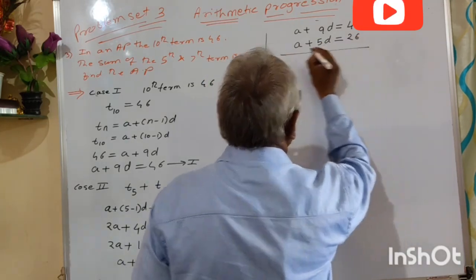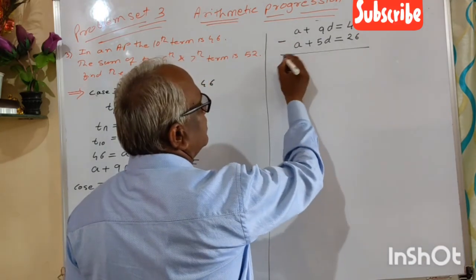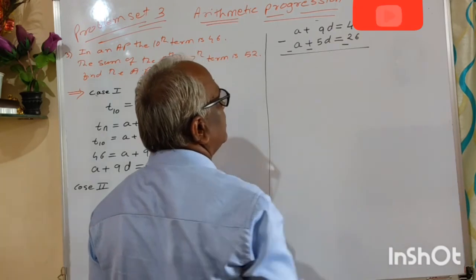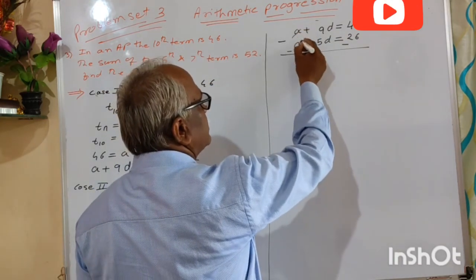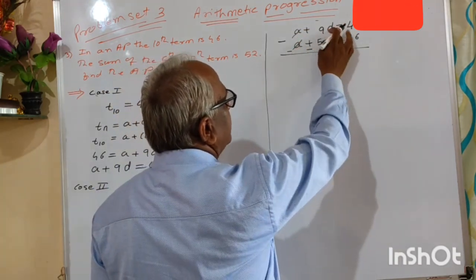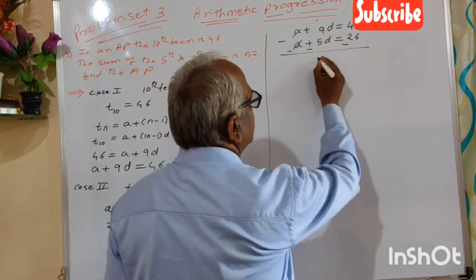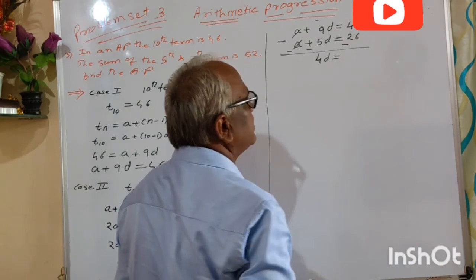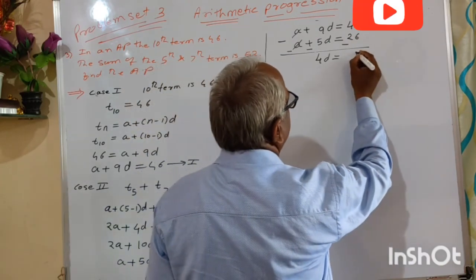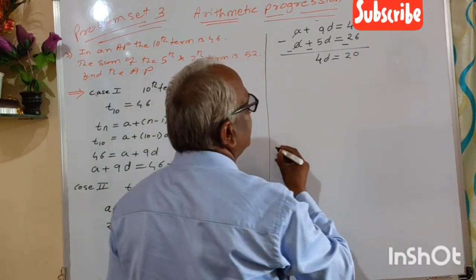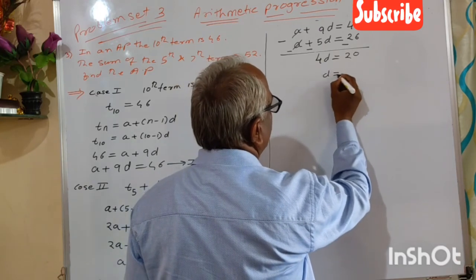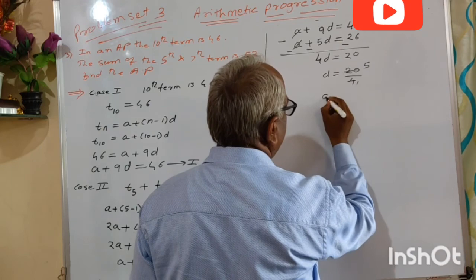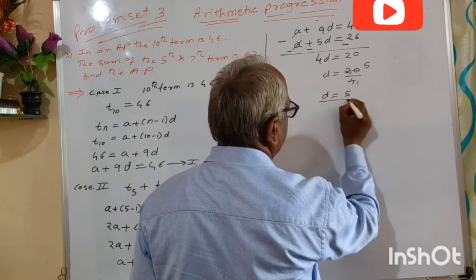Now when you subtract, you change the sign of the second equation. Here plus a minus a will be cancelled. 9d minus 5d, that is 4d, is equal to 46 minus 26, that is 20. Then d is equal to 20 upon 4, 4 5s are 20, so d is equal to 5.